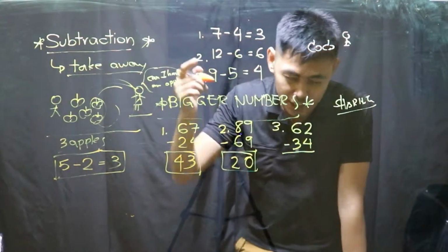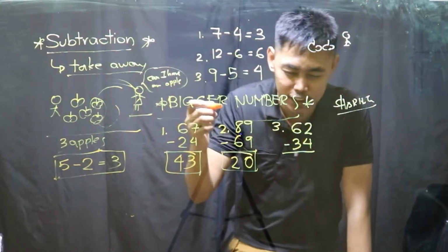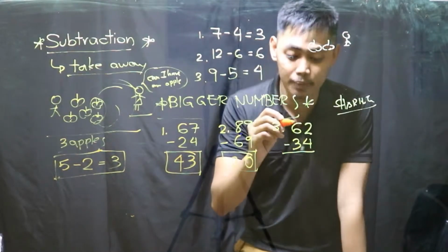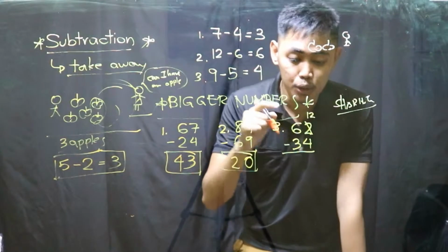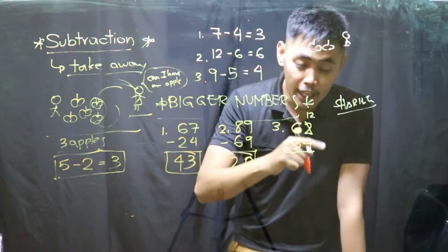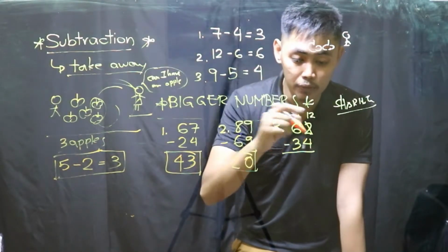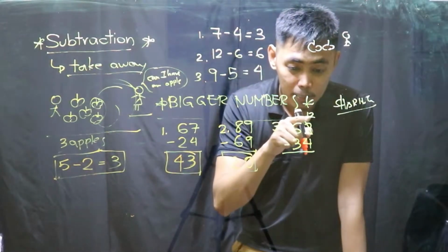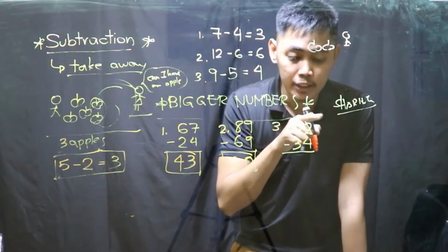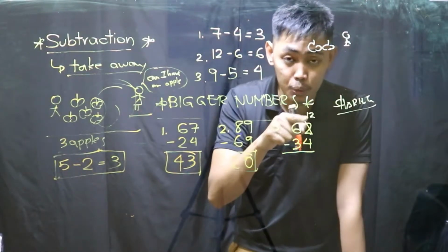Or technically it's 10, but for simplicity, 1. So 2 will become 12 because 6 will give 10 to 2. So 2 plus 10 is 12. Or you can simply write 1 beside 2. So this would become 12.